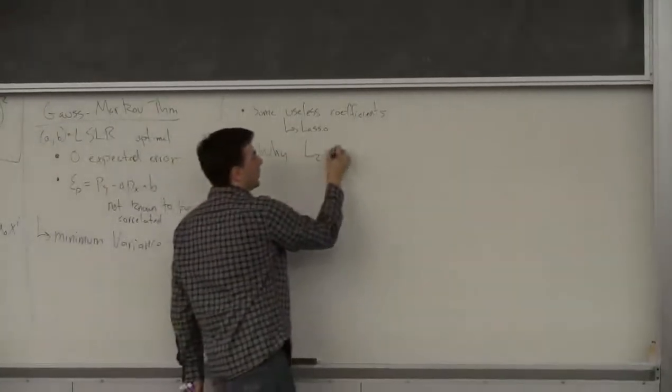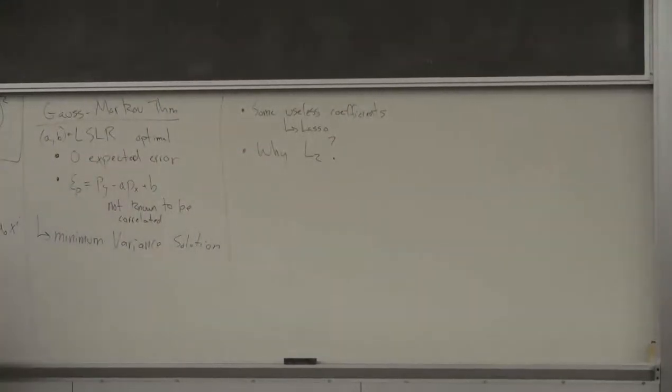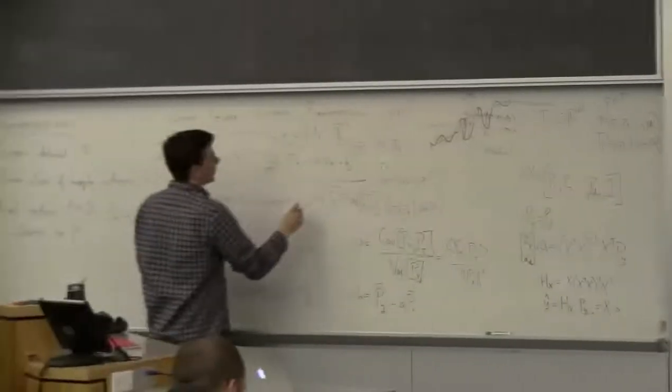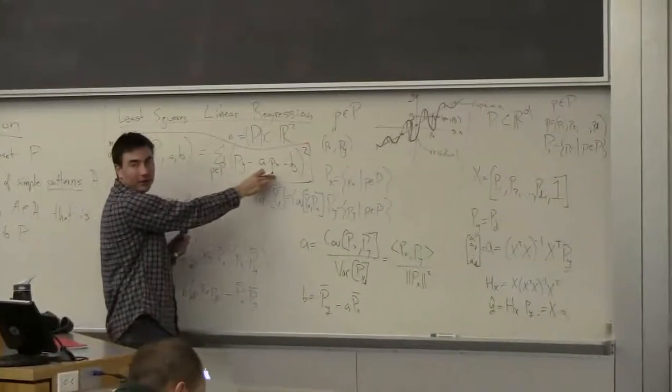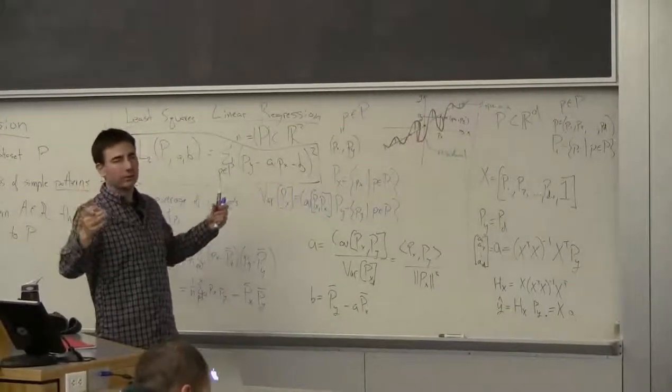Because the math works out the best in the L2. Yeah, that's right. But can we minimize the L1 distance instead? What if we wanted this expression here? This is the sum of these squares, but the squares kind of amplify outliers, right?